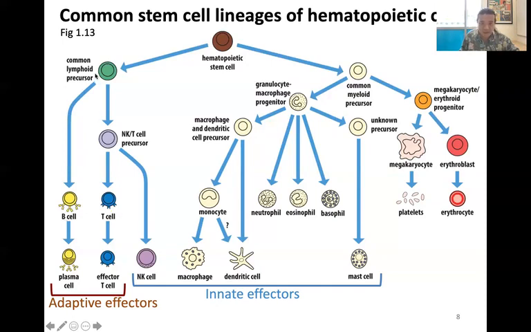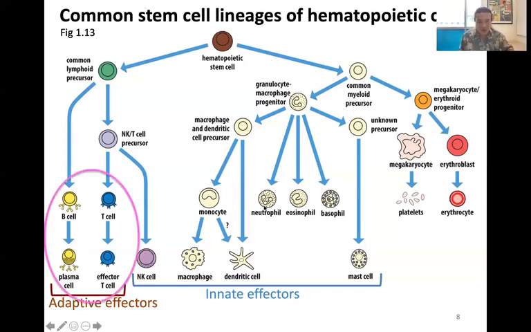So if you ignore the B cells and T cells, then you can see you don't have to draw this arrow sticking all the way to the left like this. It could be coming down this way to make it easier to appreciate that the natural killer cell still functions as an innate effector cell, even though it represented this next important step towards things like B cells and T cells.